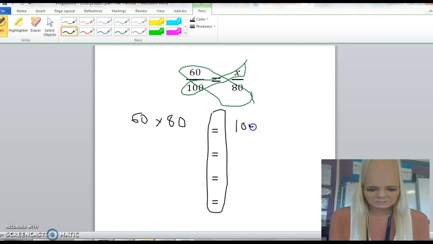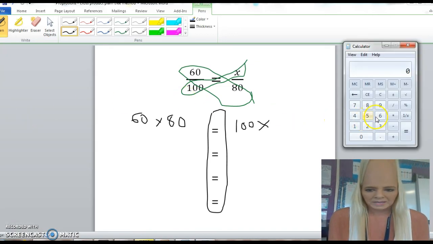I don't need to put the multiplication sign between them, because it's already assumed that they're being multiplied when they're next to each other. And if we put a multiplication symbol here, we might get confused between x and the multiplication symbol. So I'm going to take out my calculator and multiply 60 times 80, which is 4,800.